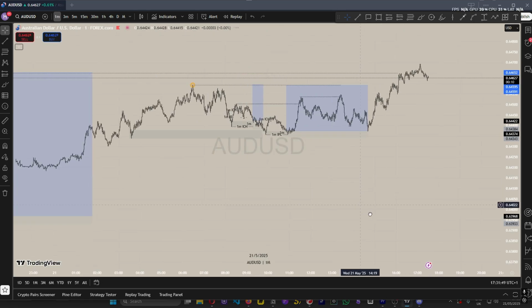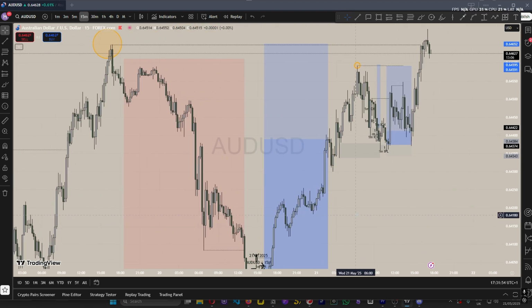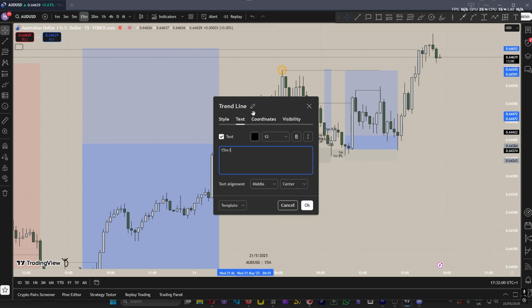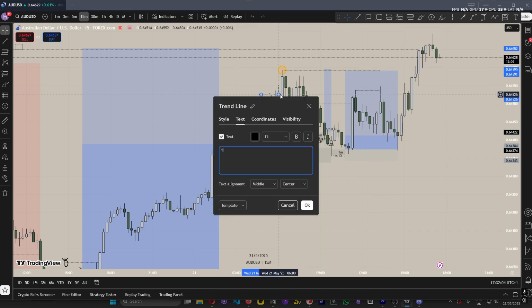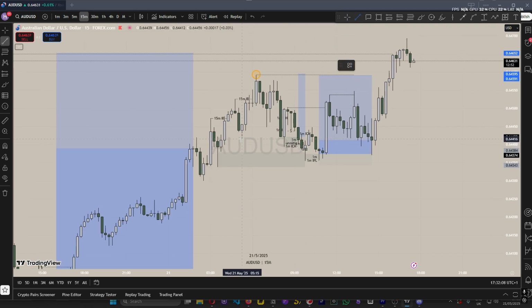Now, this actually can still be considered a fractal. If you look at internal 15-minute structure, you've got a 15-minute internal break right here. You also have a 15-minute internal break right there. Now, this is all internal structure, so it's lower probability.